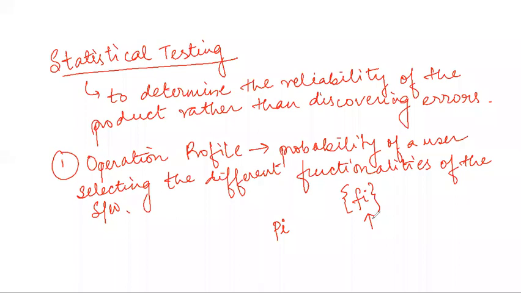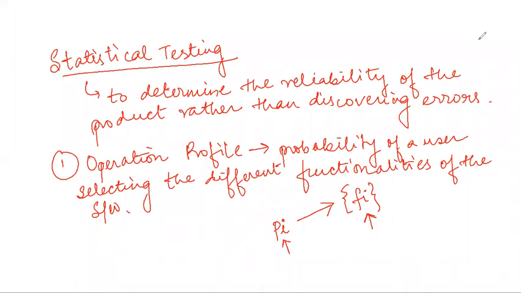If I denote the probability by pi and the functionalities by fi, I need to associate one probability value with each of these functionalities. So this is the definition of what the operation profile means.